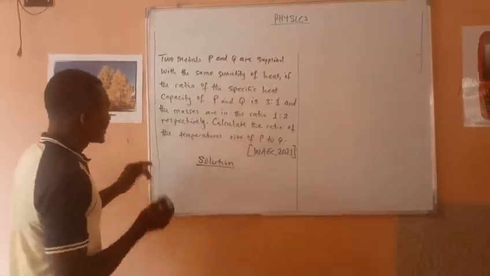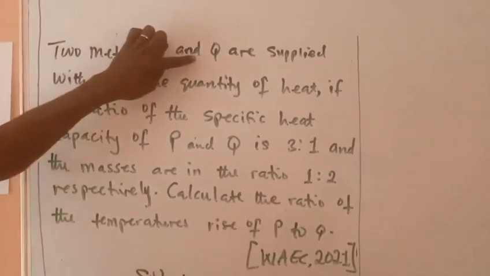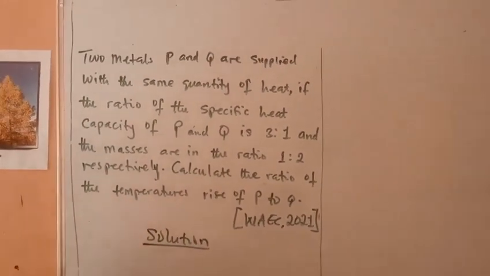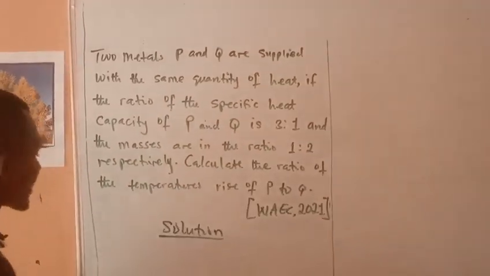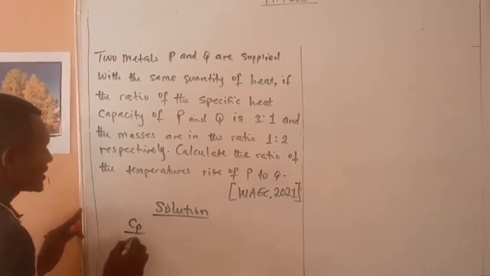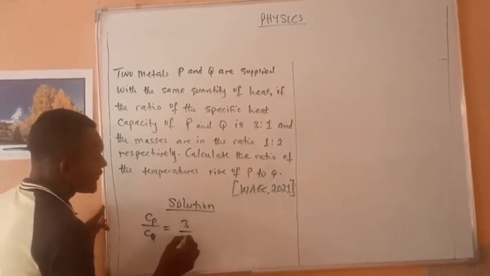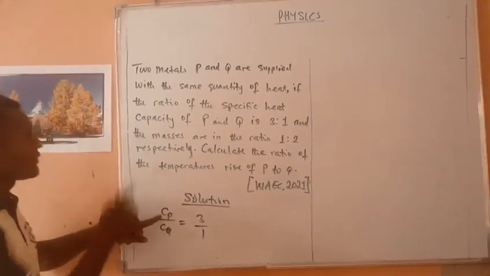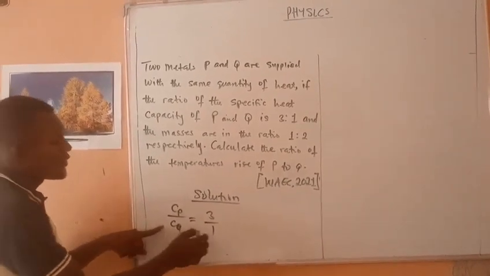Now let's go back to the question again. The question is talking about two metals, P and Q. P and Q have the specific heat capacity in the ratio of 3:1. So I can now write C of P to C of Q is equal to 3/1, which means the specific heat capacity of P is 3 and the specific heat capacity of Q is 1.